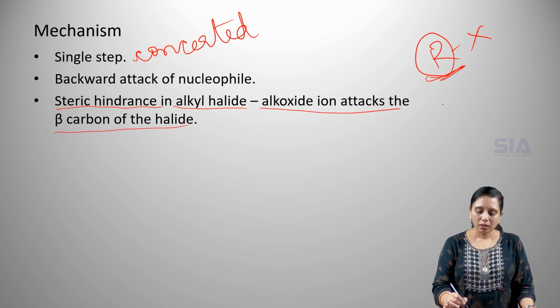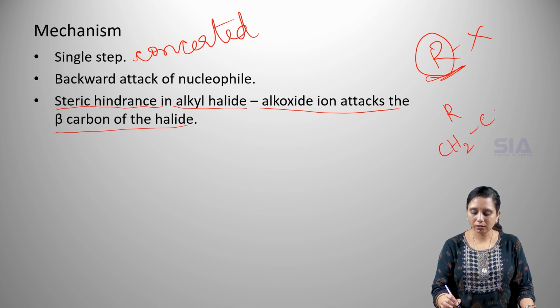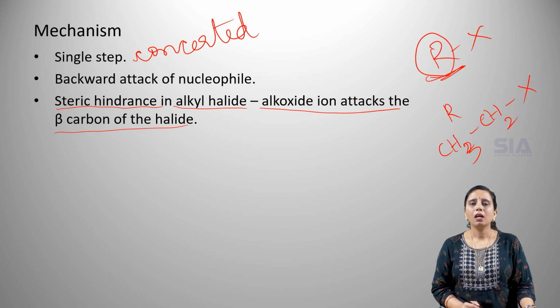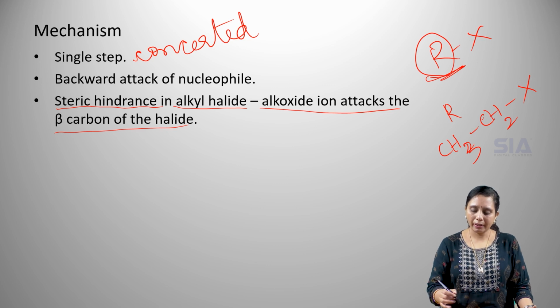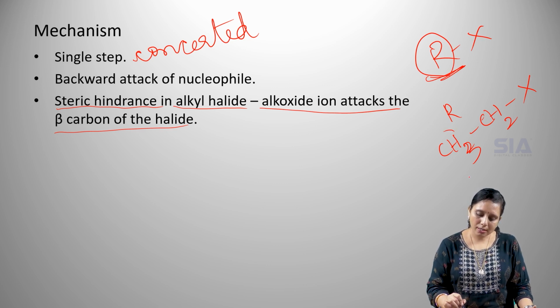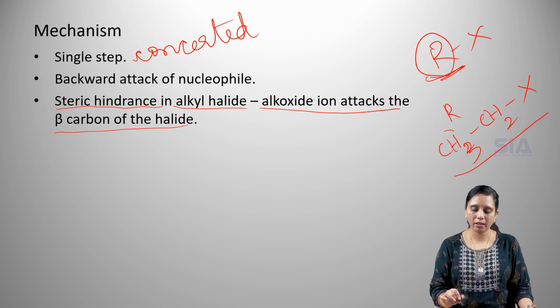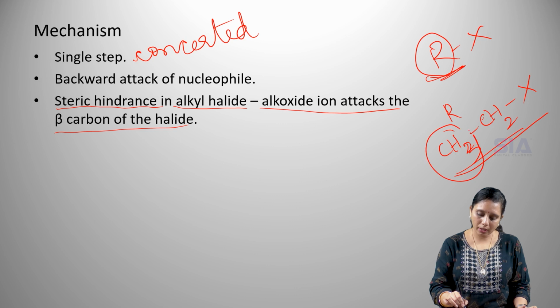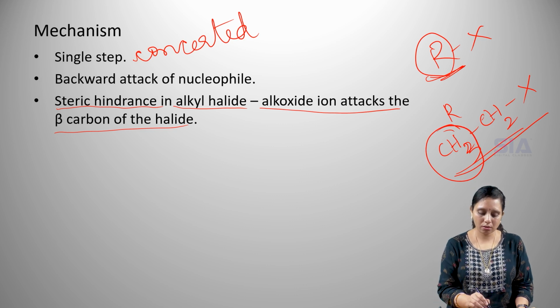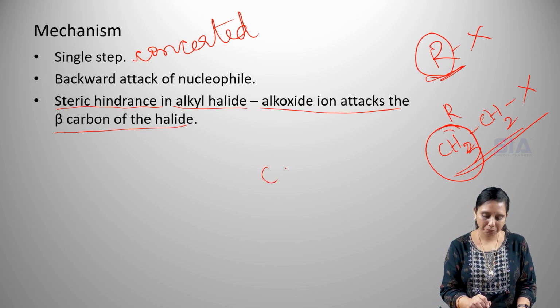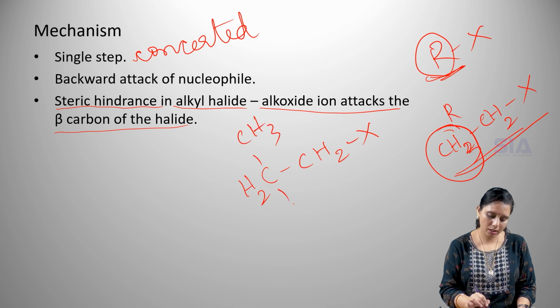We can take the example of this compound here. This is also an alkyl halide, we can say an ethyl halide. If this is a simple halide, there is no steric hindrance because this group is a bit smaller. If this group contains a branched alkyl group like an isopropyl group, here we get CH2, CH3, CH3.